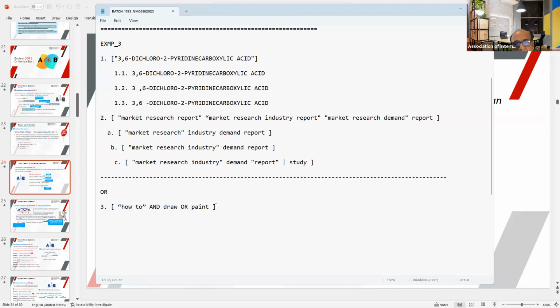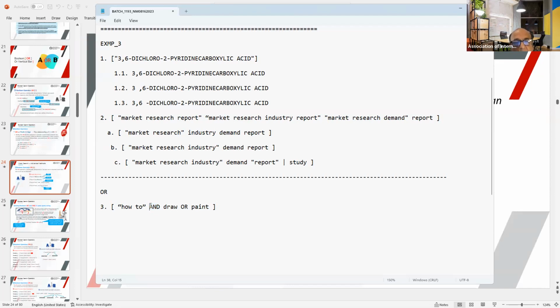So that's the unfortunate part: a lot of times you get to see in articles on Google search that parentheses exist and it works, but in reality, it will not work. And it's not just by experimentation we are saying it, but rather Google has clearly mentioned in their notes that they don't accept parentheses.